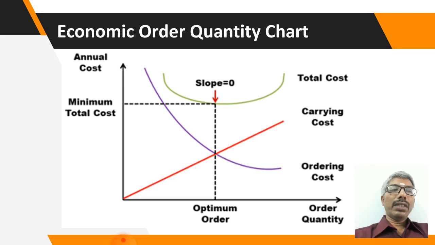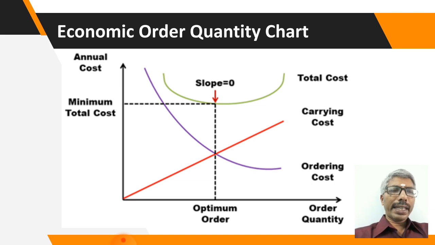The ordering cost curve goes from top to bottom. That shows that if the number of units per order is less, the ordering cost per unit is high. By increasing the number of units per order, the ordering cost per unit is reduced.